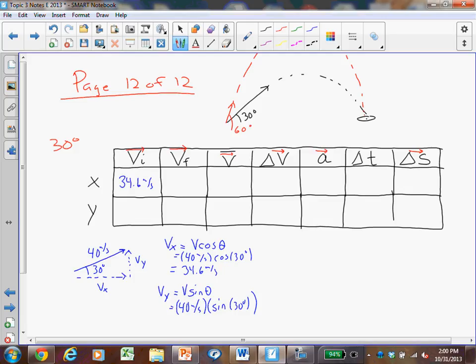Well, because it's a special triangle, 30, 60, 90 triangle, the sine of 30 is 1 over 2, or a half. And then the cosine of 30 is square root of 3 over 2, but you do more of that in math. Here, you could just put it into your calculator and find it, right? You know how to do that, right?